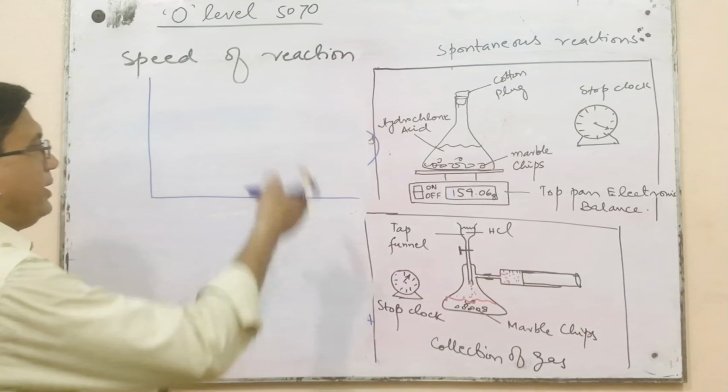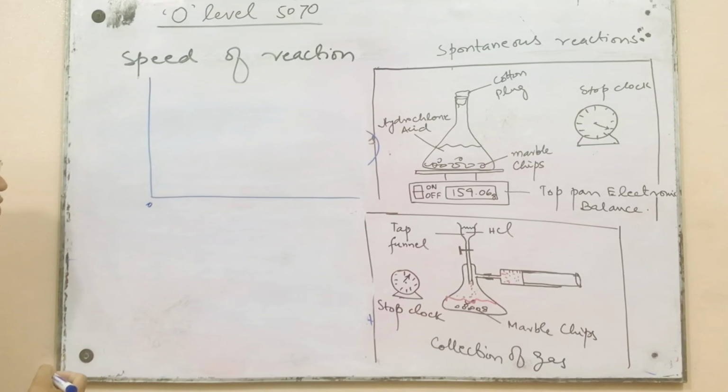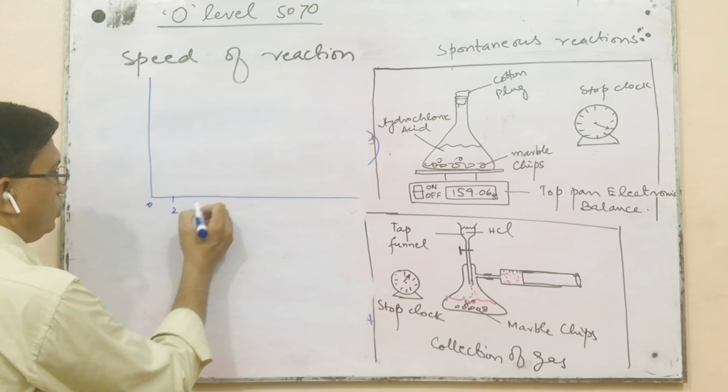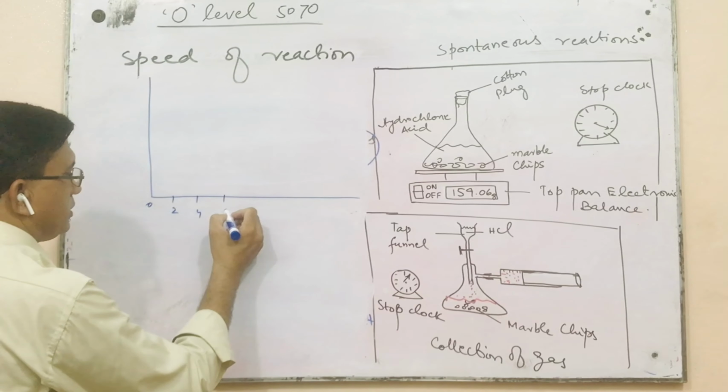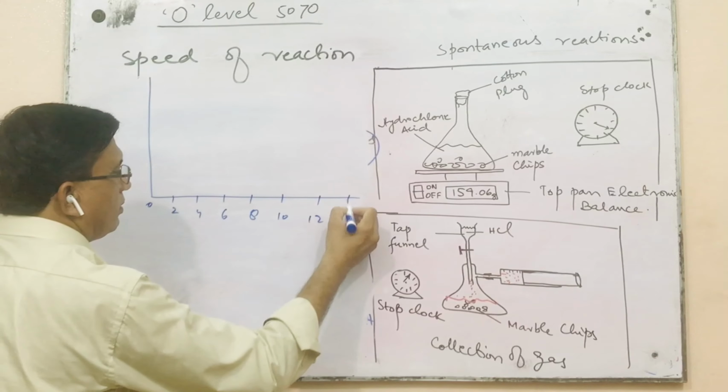Suppose this is our zero value, and this is the time: 2, 4, 6, 8, 10, 12, 14.